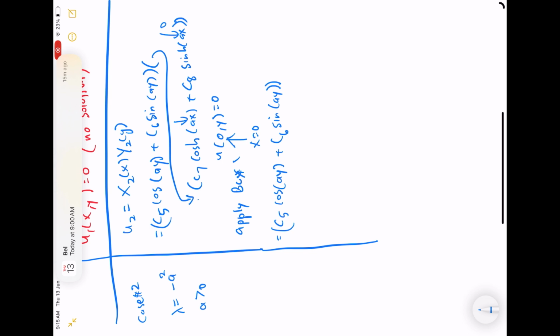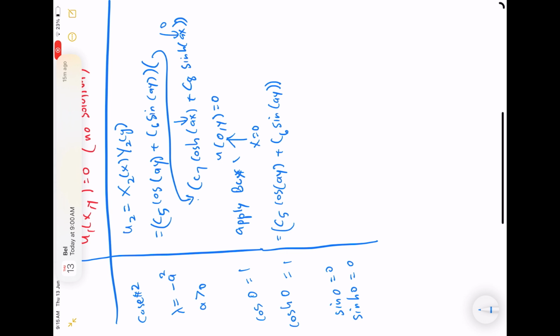So when you apply cos ax, you will get 1. Cosine and sine hyperbolic behave the same way: when you find the hyperbolic cos 0, you will get 1, and sine 0 is equal to 0, hyperbolic sine 0 is equal to 0.